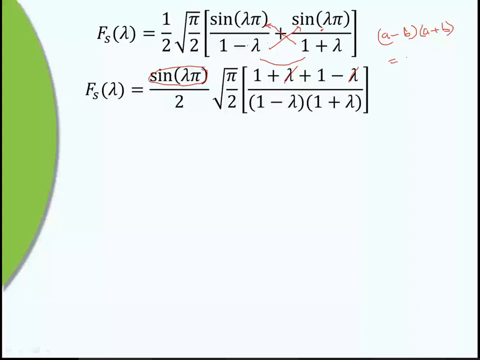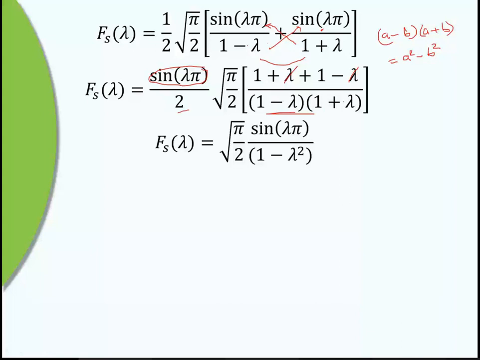So you can use that formula over here to get the product of these two terms. 1 plus 1 becomes 2, that 2 gets cancelled with this 2, and in the denominator we get 1 minus lambda square. So Fs of lambda is equal to root 2 by pi into sine lambda pi divided by 1 minus lambda square.